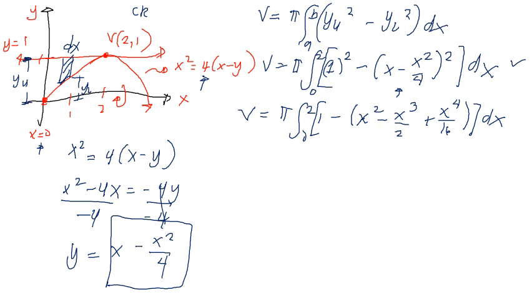So this is equal to pi times the integration of 1, that's x, minus. Just distribute the negative sign to each term inside this parenthesis.